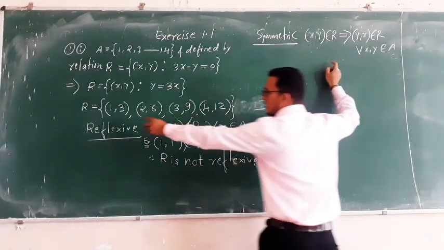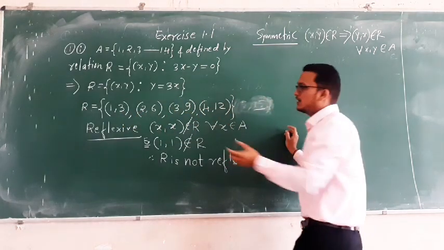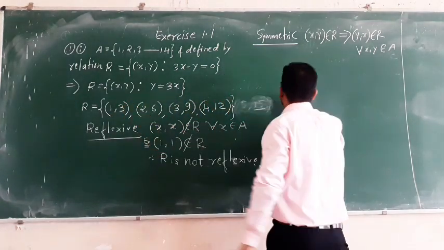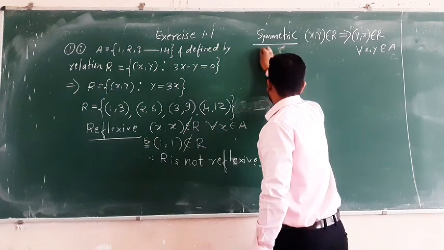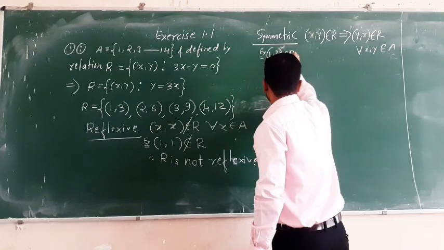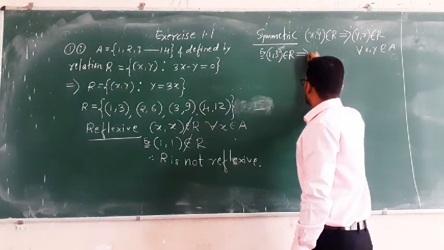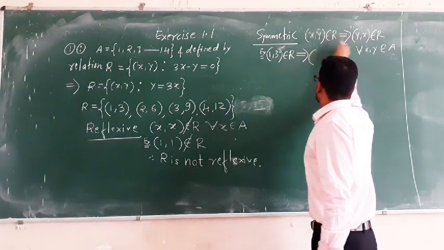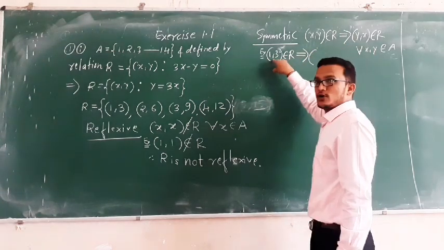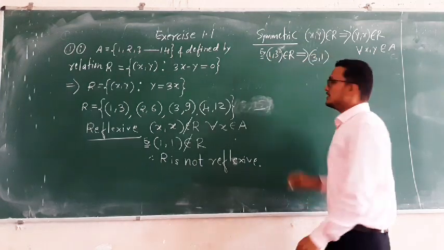Now this is your R, right? So from this you choose any one ordered pair. I will take the first one, that is (1, 3). This is for example. (1, 3) belongs to R. This is present in R. Now we have to check whether this implies the reverse of this. So the reverse of (1, 3) is (3, 1).